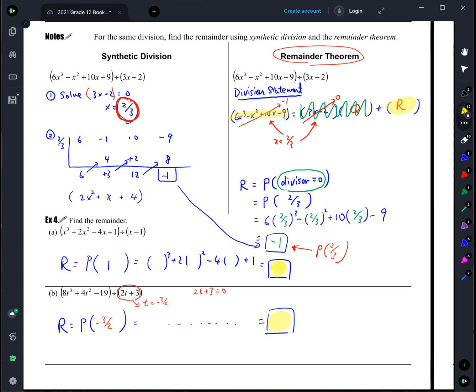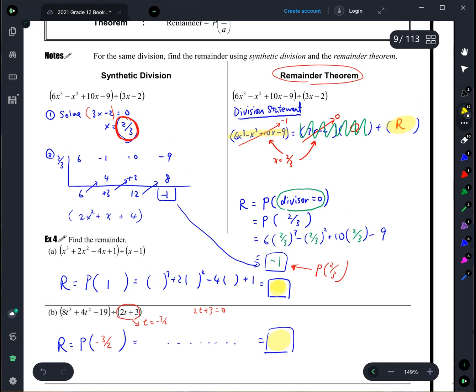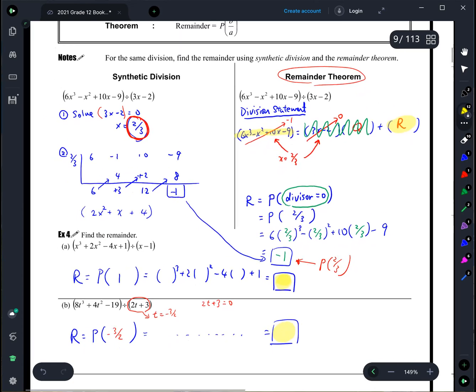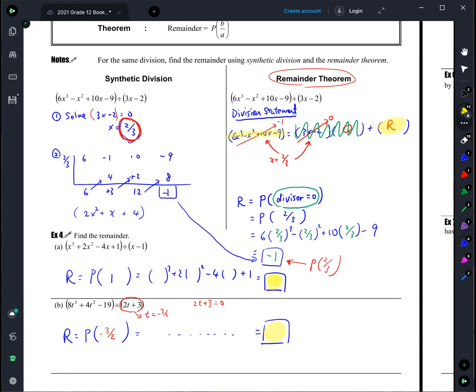So this is the remainder theorem, okay? We learned how to find remainder without actually dividing it. So of course, if you do it this way, you don't know the quotient, right? So if the question wants you to find a quotient, then you have to use synthetic division.